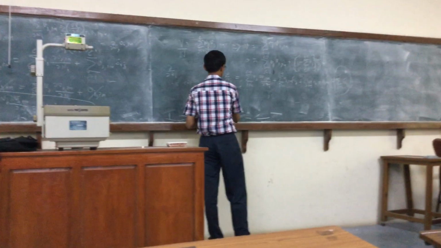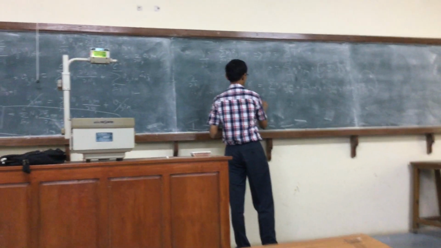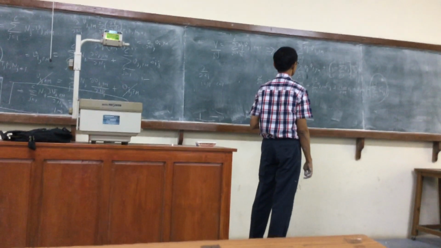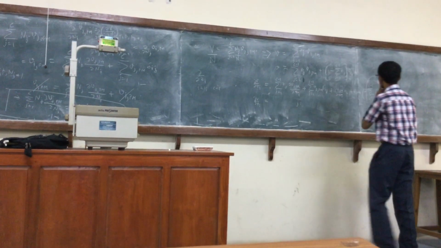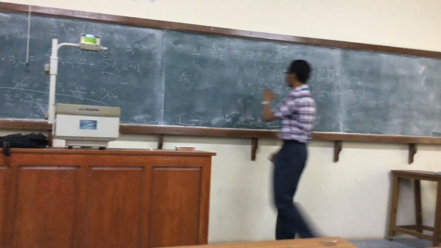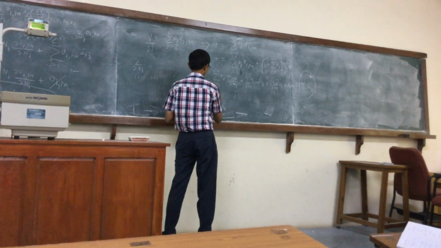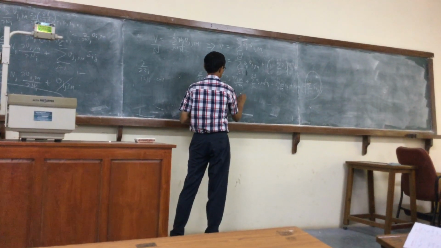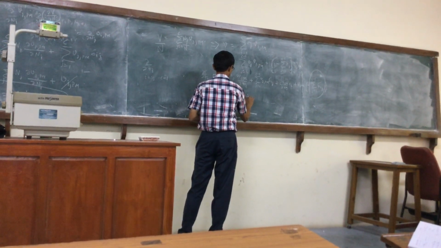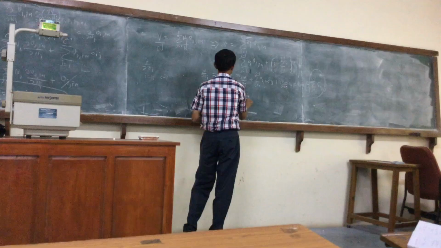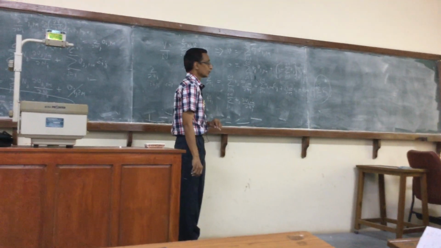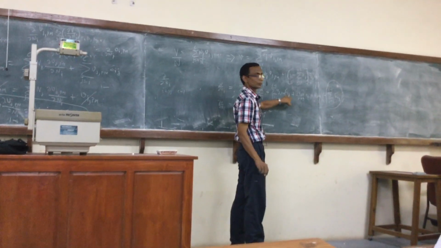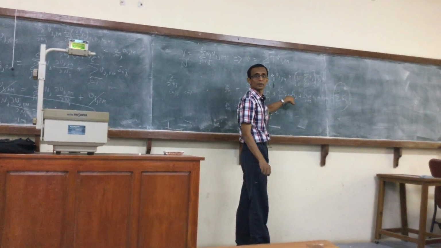So dB by dzi is equal to sum over j equal to 1 to c minus 1 zj dBj Pm by dzi plus this is BI comma PM delta ij, sum is there.